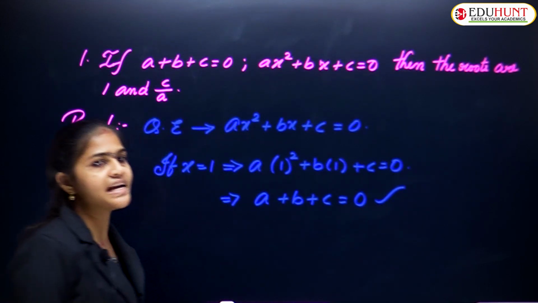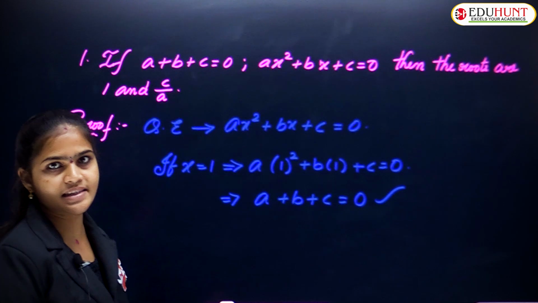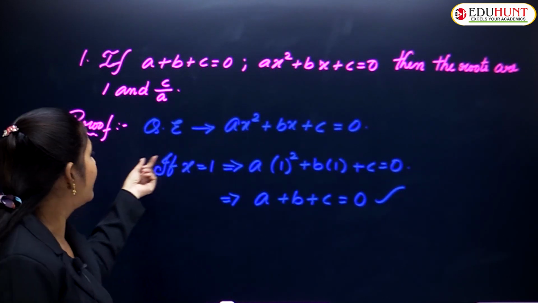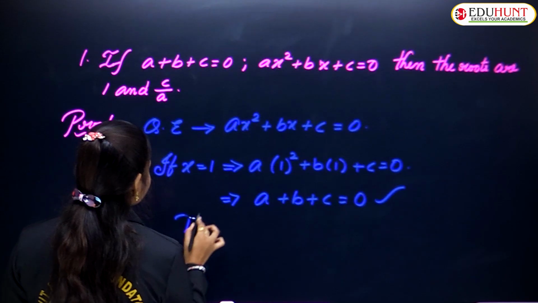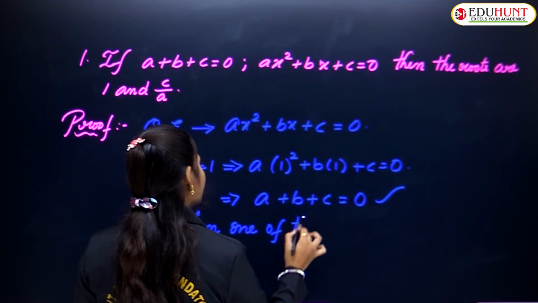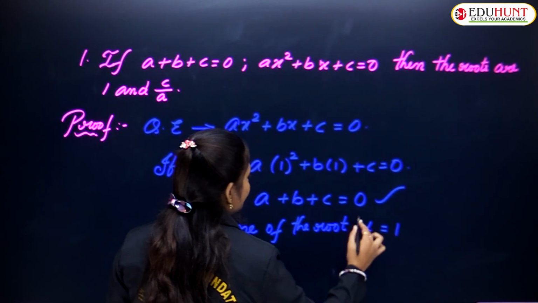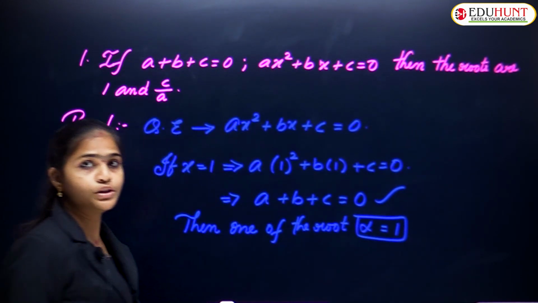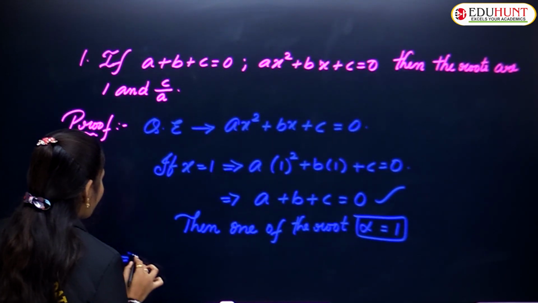So that condition is satisfied here or not? a plus b plus c is equal to 0. When is it possible? If x is equal to 1, then one of the roots, alpha, is equal to 1. Now here we know the condition for the sum of the roots.